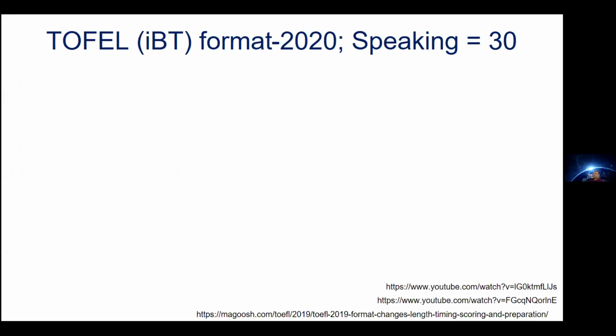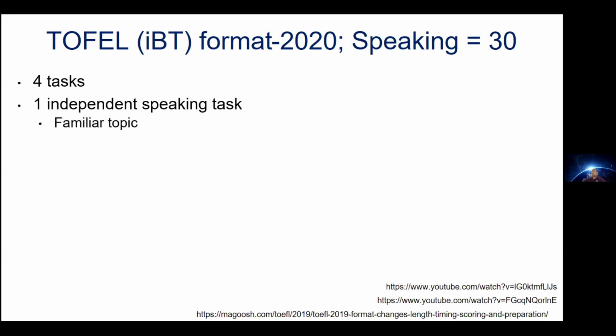Then there would be a speaking section. The speaking section would comprise 4 tasks. Before 2019, there were 6 tasks, but after the format change in 2019, there are 4 tasks now. One is the independent speaking task. What does this independent speaking task mean?